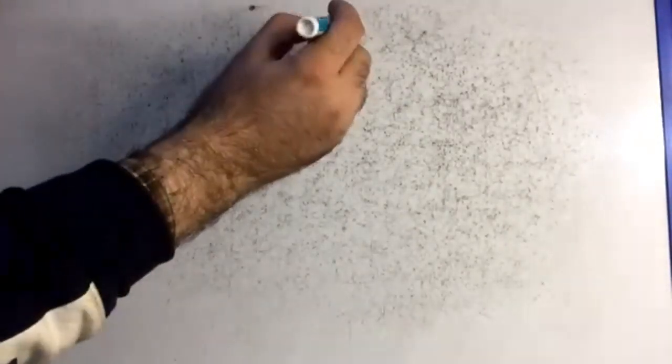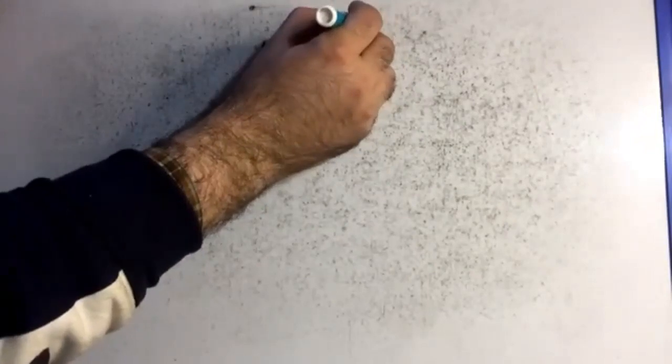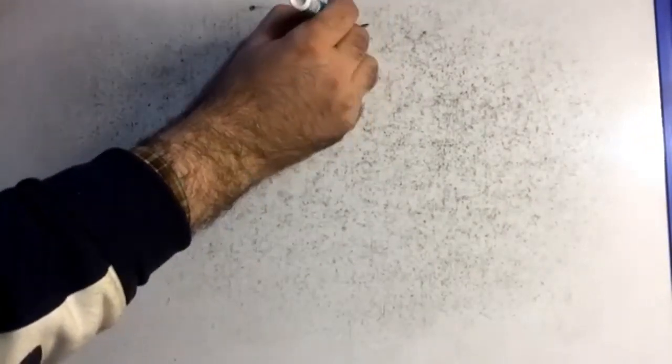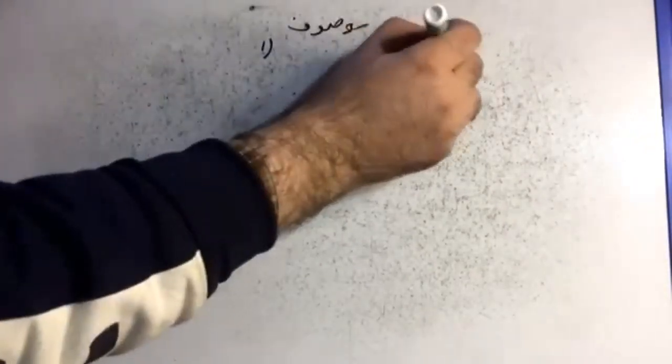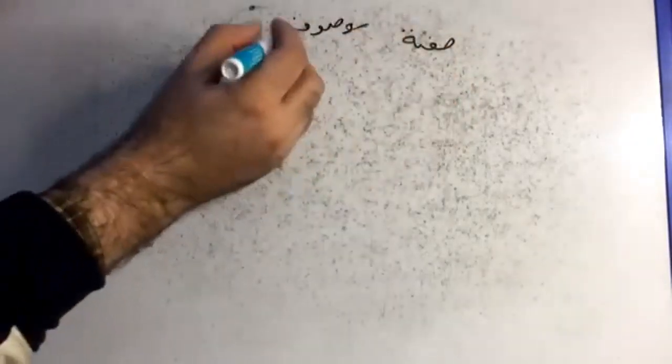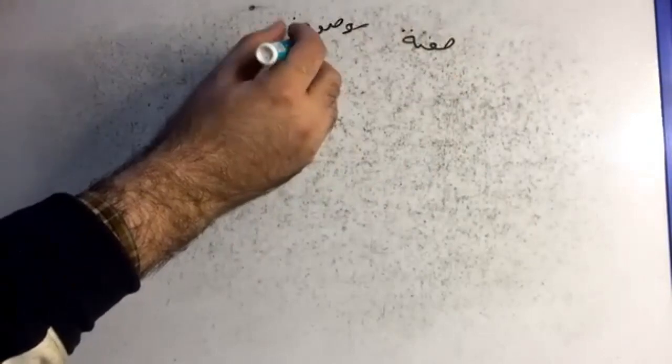So you can do more examples like this. The main thing about these adjectives you have to remember is the rule. What is the first rule? We have the mausuf and we have a sifat, right? They will follow in gender first.